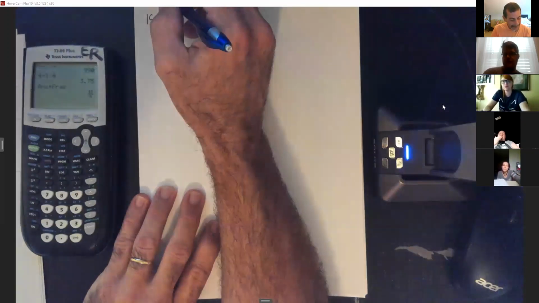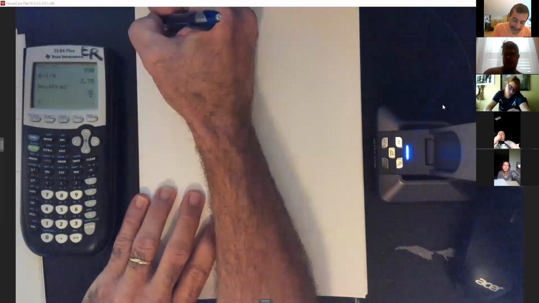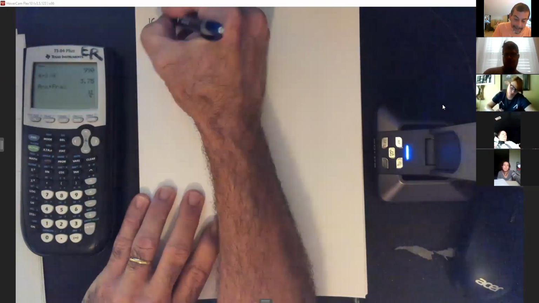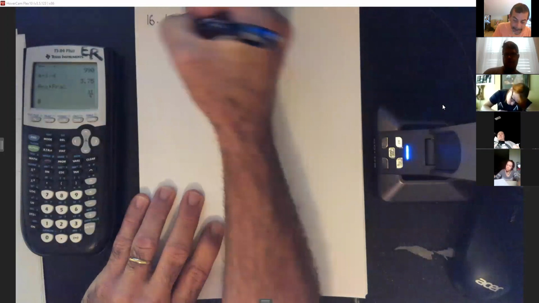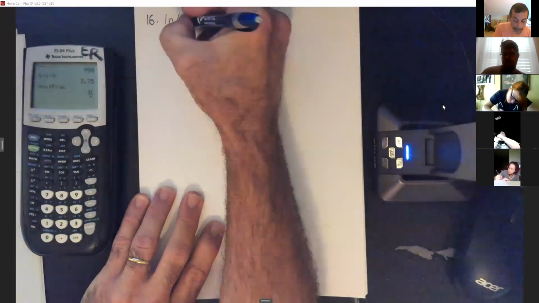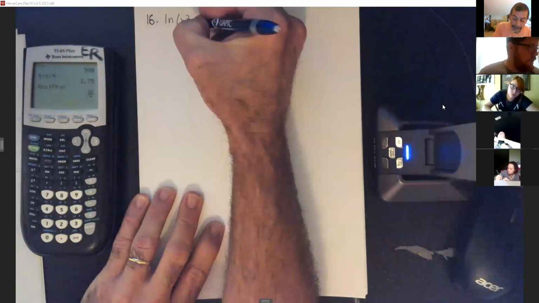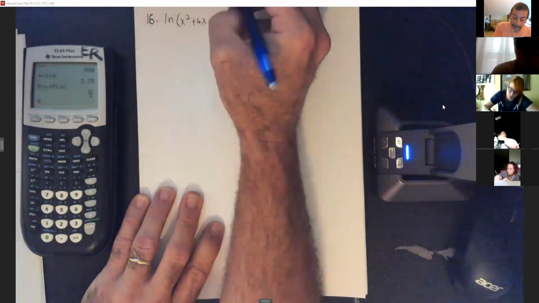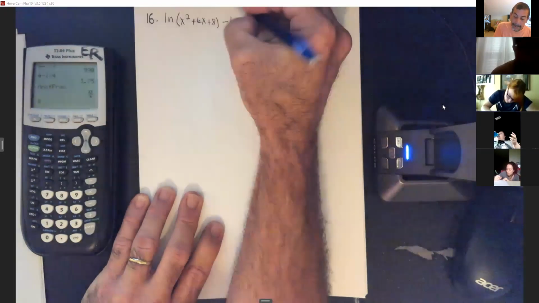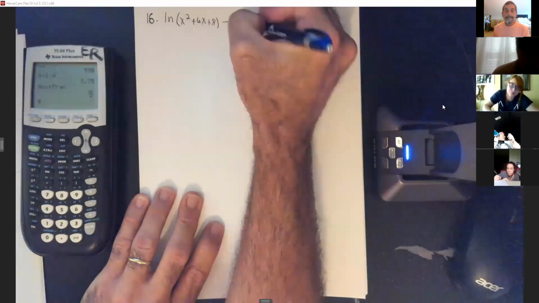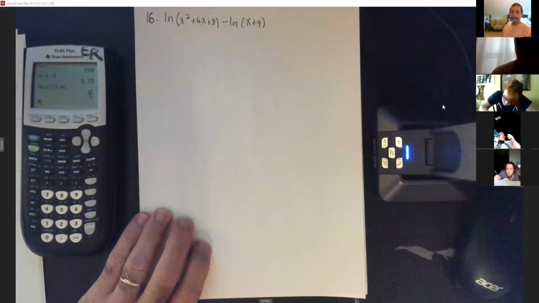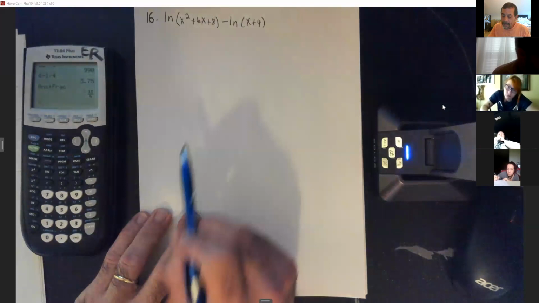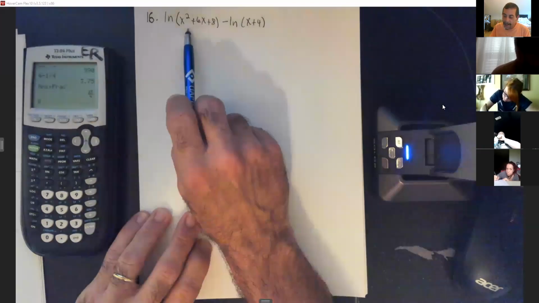Let me see. I think I'm going to go to 16 next. 16 has ln in parentheses x squared plus 6x plus 8, and we're subtracting ln x plus 4. The exponents are already brought up on everything, so there's nothing I can do to that.